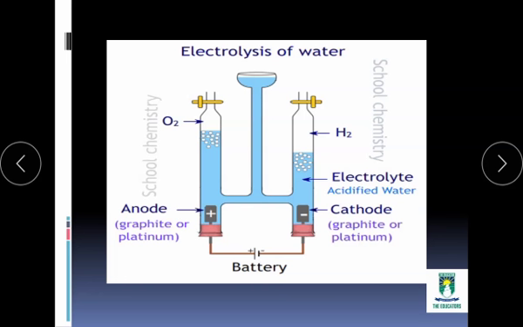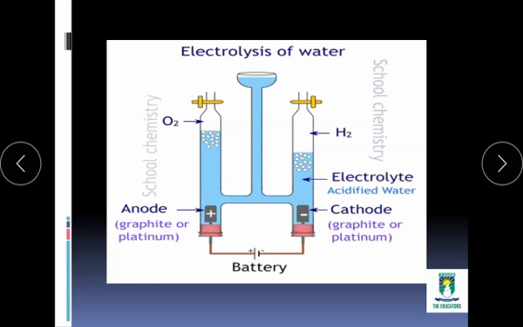So pure water is a very weak electrolyte. It ionizes to a very small extent. The concentration of hydrogen ion, that is H+, and hydroxide ion, that is OH-, is almost equal to 10 to the power minus 7 mole per decimeter cube respectively.